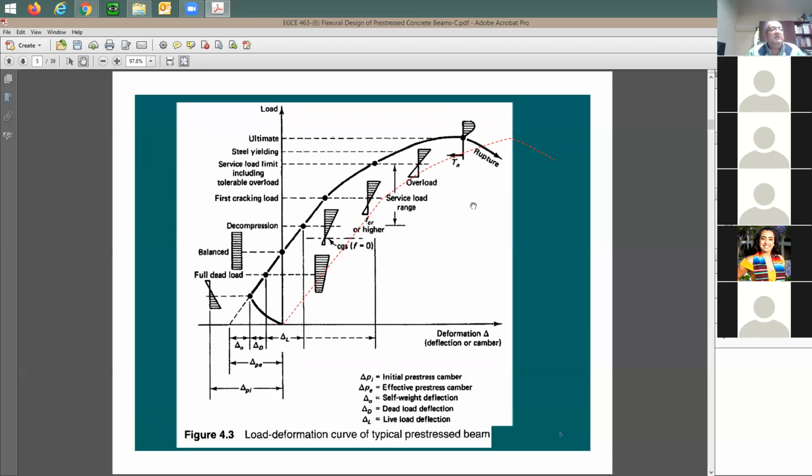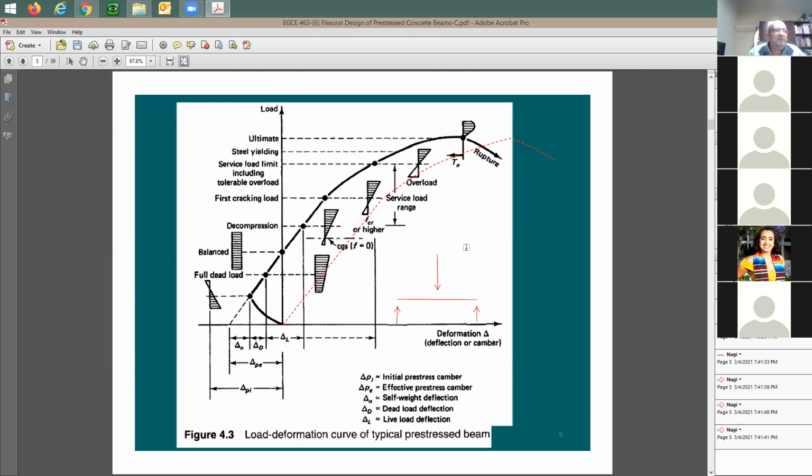Yes, okay. Now let's look at the load. What load? The applied load. Let me just imagine here that I'm going to have a beam, a simply supported beam. It can be applying some vertical loads. It's going to have two reactions, two supports. And the y-axis is going to be this amount of load.